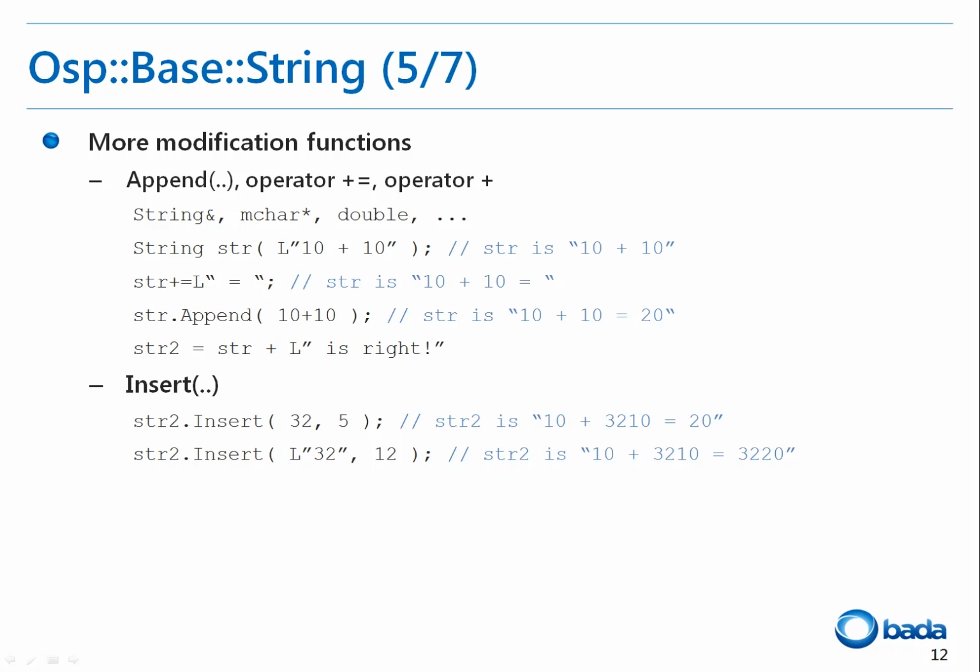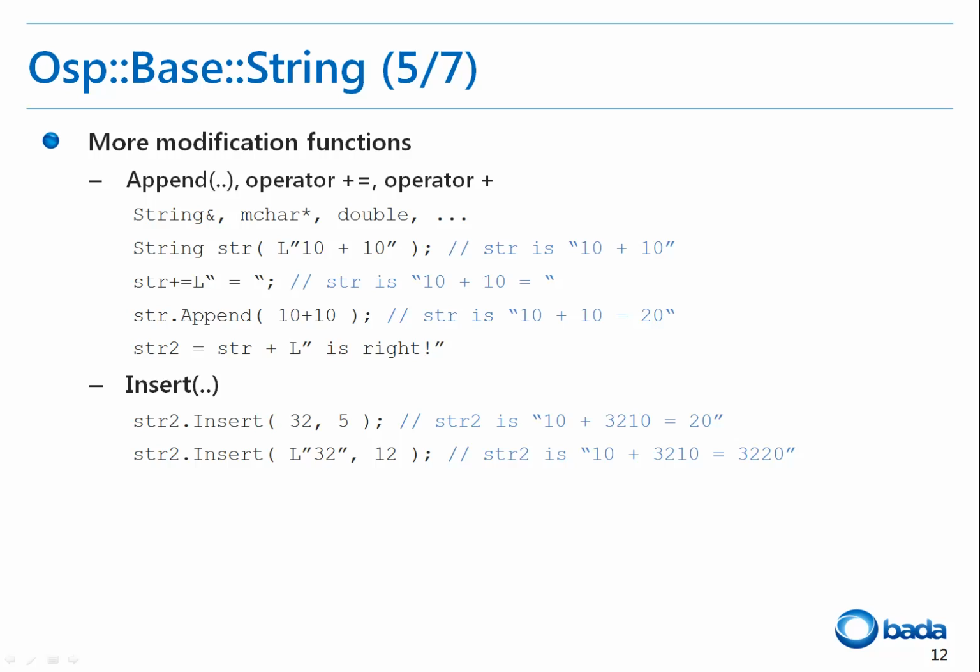In this example, I've created a string containing 10 plus 10. I appended the equals string to the string using the operator plus equal, and appended an integer type value to the string to complete the numeric expression.